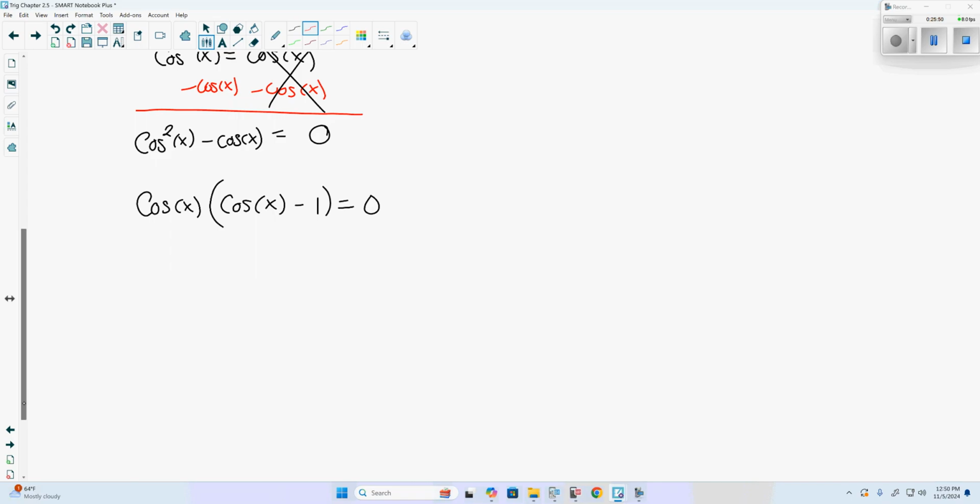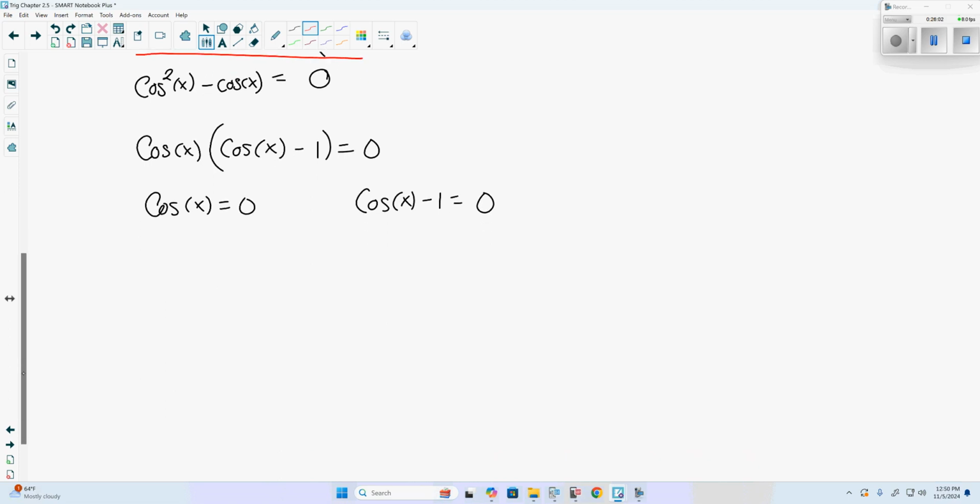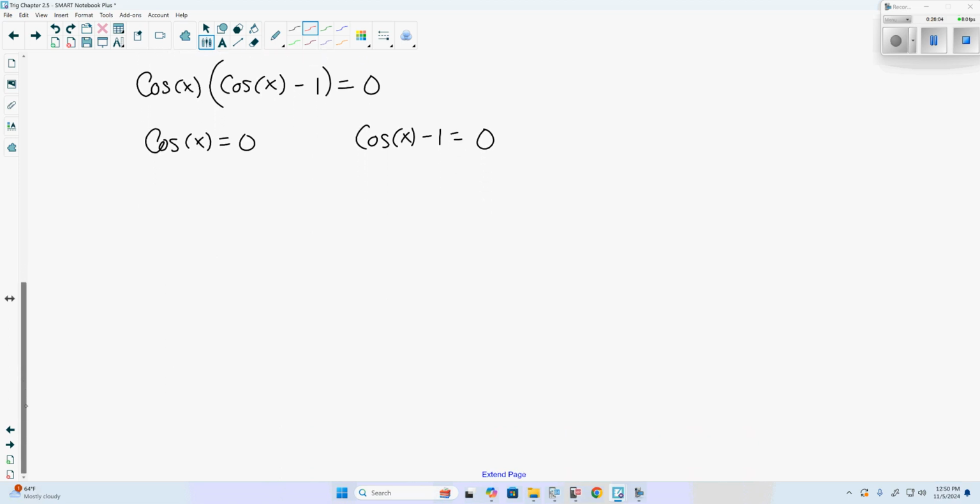So cosine of x times cosine of x minus 1 is equal to 0 is telling me that either cosine of x is 0 or cosine of x minus 1 is 0. One of them is already solved. We need to solve the other one by just adding 1 to both sides, telling us that one of them has a cosine value equal to 1, and the other, the cosine of x has to be 0.